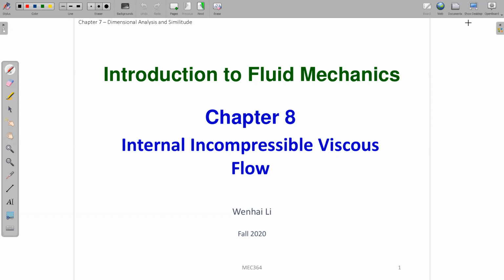For this practice exam, all the problems only cover the contents after the second midterm exam, which means that all the problems are only for chapters 6 to 9.